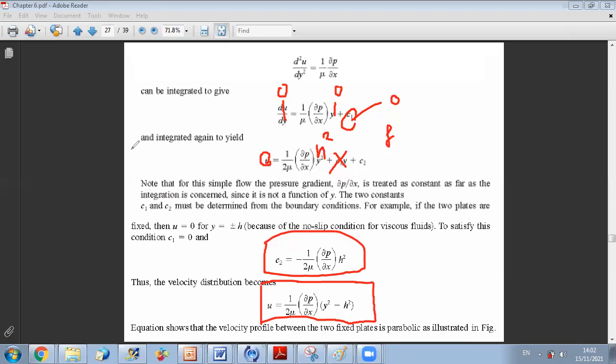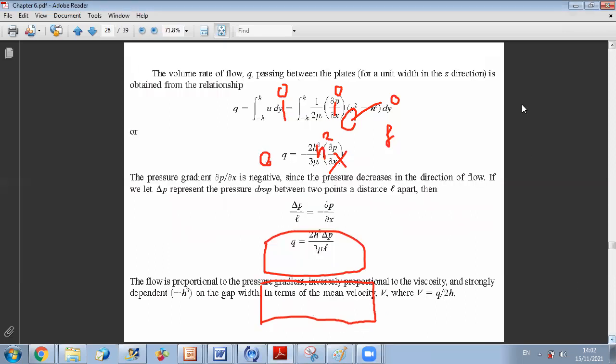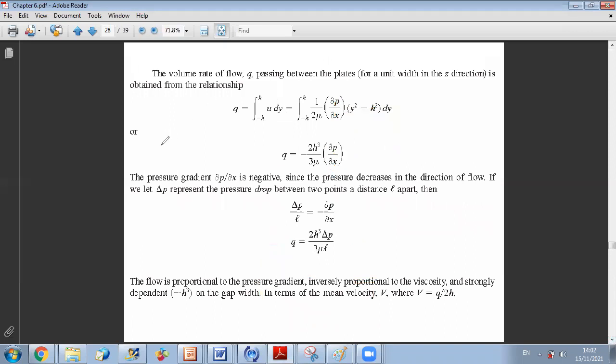Okay. So now, if you want to calculate the flow rate per unit depth, so if I consider a depth of 1, for a depth of 1, what will be my cross-sectional area? Look, my area is a rectangle, but here it's of infinite dimensions. This is why I will define the flow per unit depth.